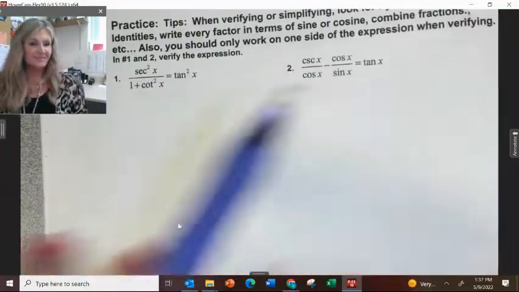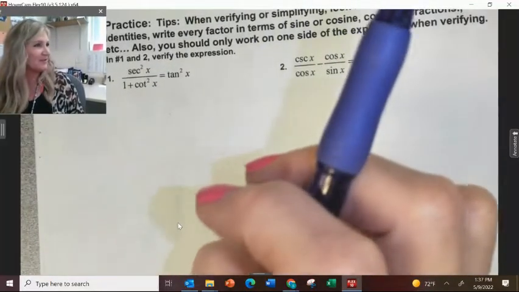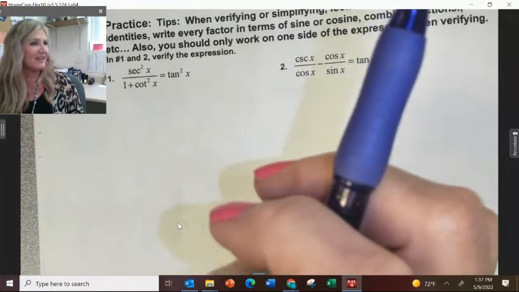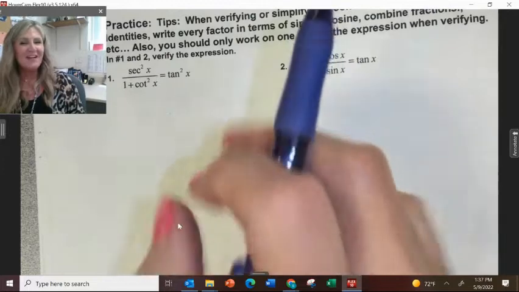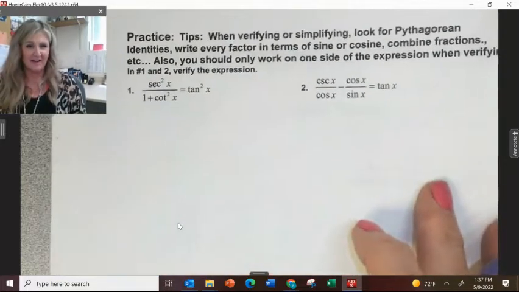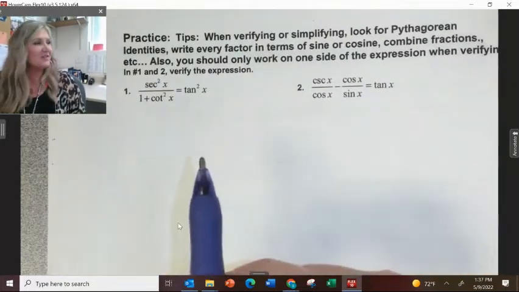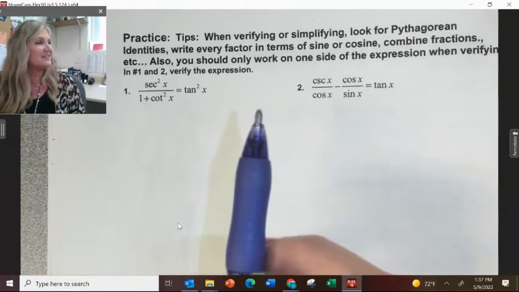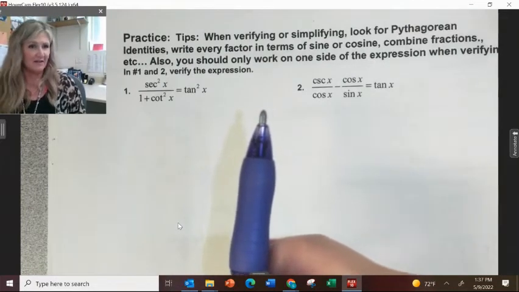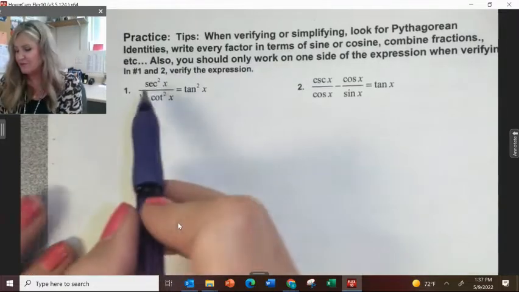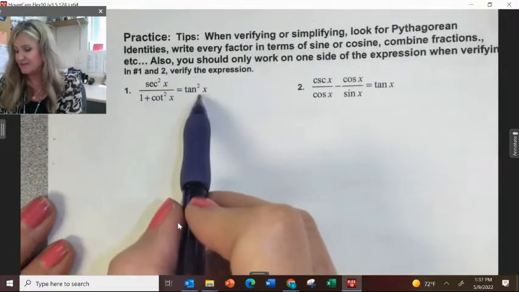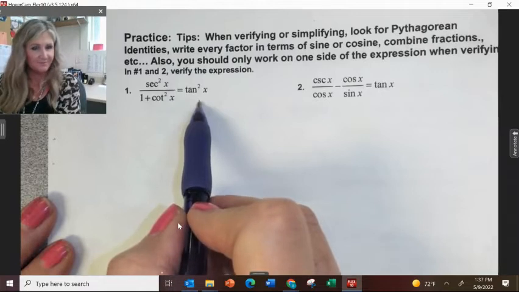So remember those proofs from geometry that you probably didn't really care for a whole lot? Well, that's what we're going to be doing right here. But they're not traditional proofs in that we don't have to really give a reason, okay? The reason they are proofs, though, is because I'm trying to prove that this side is equal to this side.